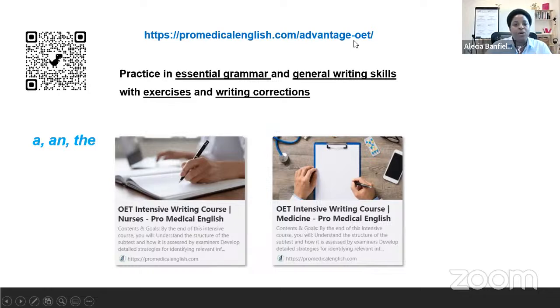So you can check them out, look at what's in the modules and go from there.